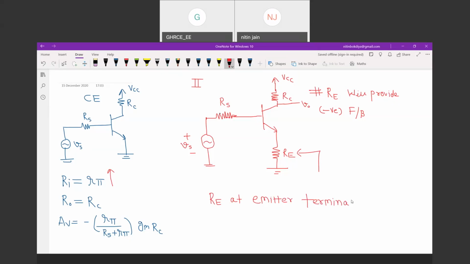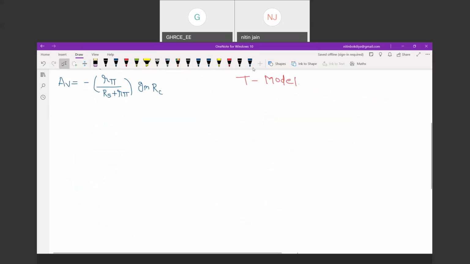We are having one RE at emitter terminal, so we will go for RE model या T model. We will go for T model to analyze this. किसी दूसरे से भी करेंगे तो कोई बुराई नहीं है, but this T model will reduce your calculation. So let's start. T model बना लेता हूं मैं. सबसे पहले फंडामेंटल क्या है उसका T model का? Let's see.